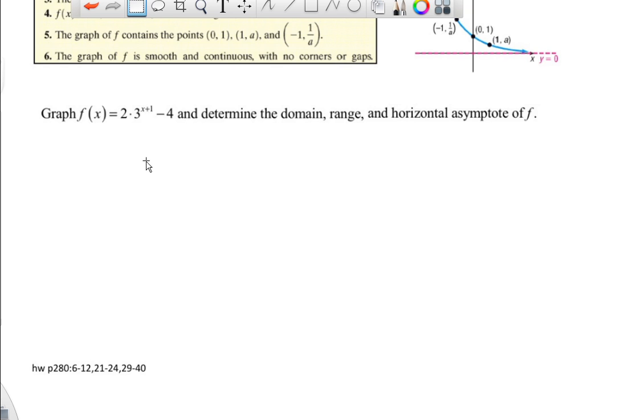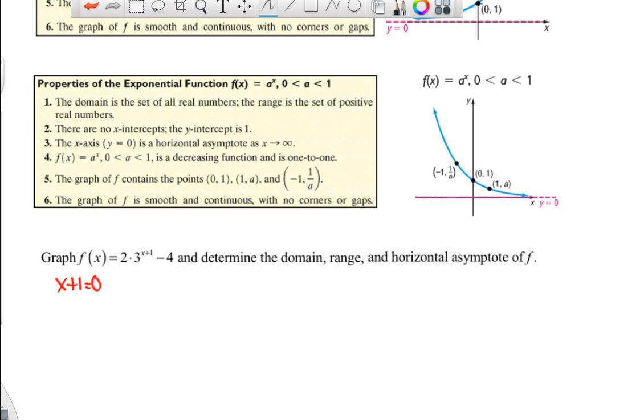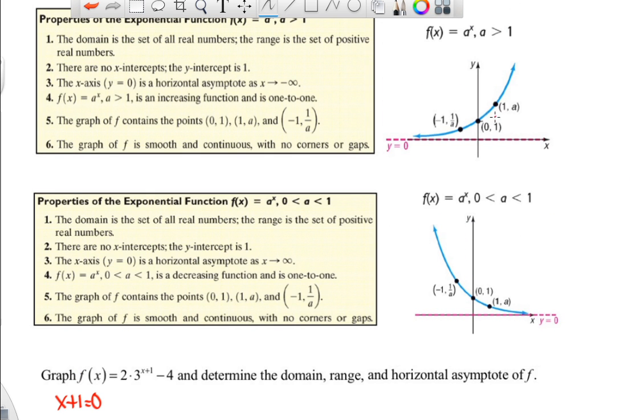Well, you could make a table. And in this case, what you're actually interested in is you want to know when x plus 1 is equal to 0. So the reason we're doing that is because that seems to be sort of the anchor of both of these graphs, right? At 0, you get 1. Well, that would be if it's an a to the x.